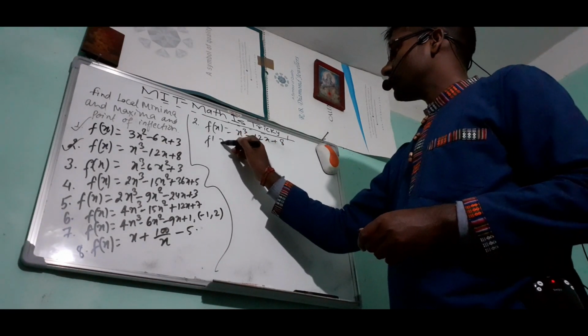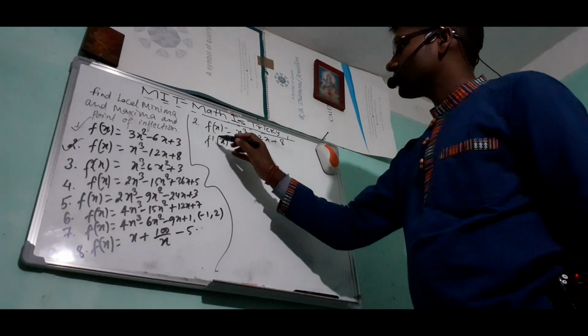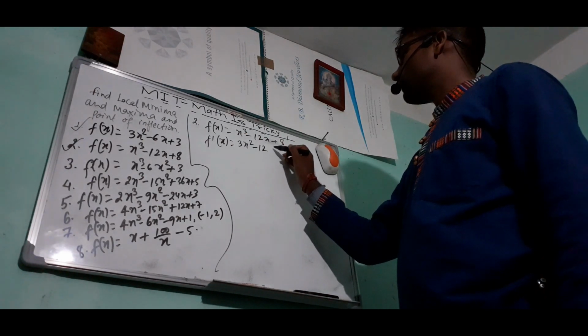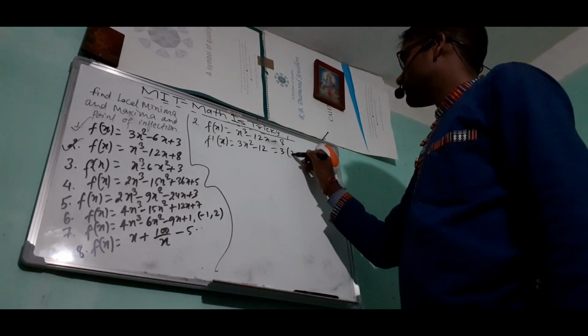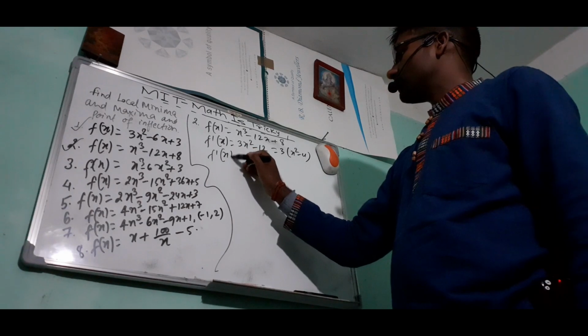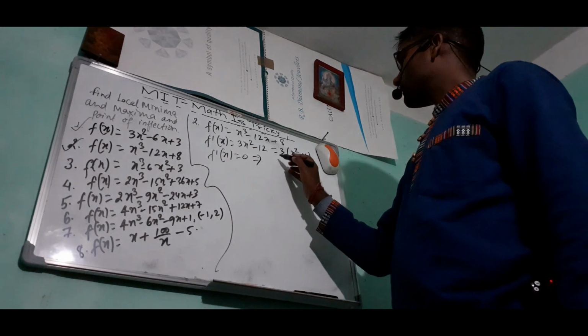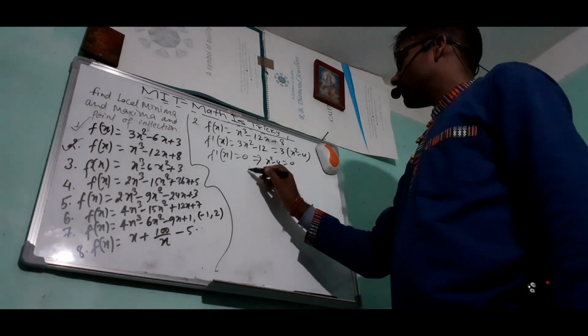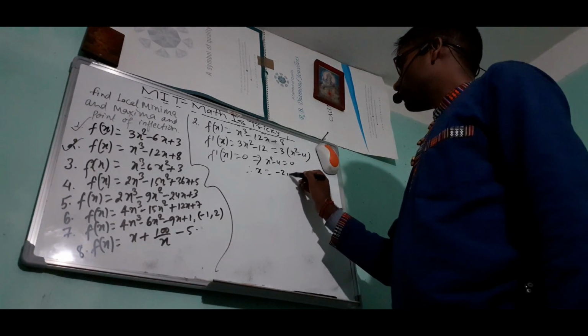According to our steps, let's find the first derivative, 3x square minus 12. If we take 3 common, x square minus 4. So f dash x equals 0 gives x square minus 4 equals 0. Therefore x equals either minus 2 or plus 2.